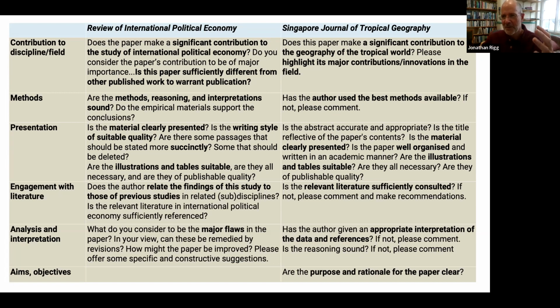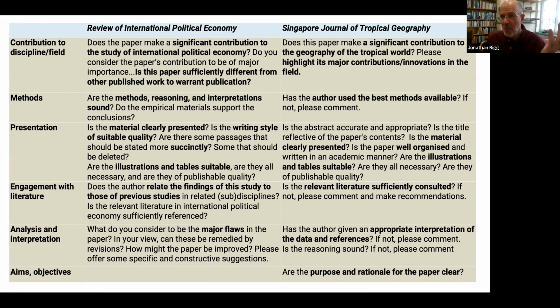Is the length correct? They'll ask questions about engagement with the literature. So is all the relevant literature that speaks to this debate adequately represented? As a referee, we're often asked, well, I'm surprised that Hyun's work on this is not referenced because it speaks to the direct concerns of this paper.